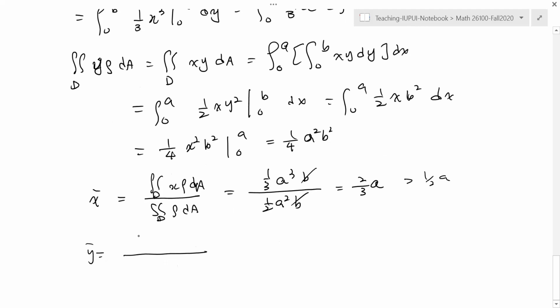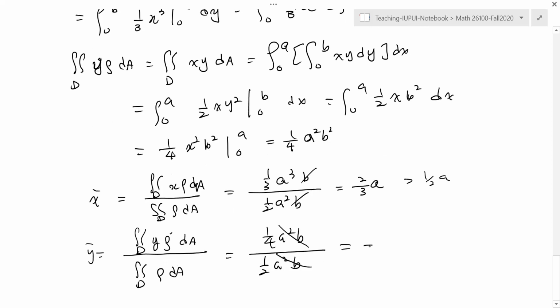So for the numerator, it's right to write down the formula. This will still be half of a squared b. That's a quarter of a squared b. And after you simplify, it is just equal to 1/2. Independent of a and b.